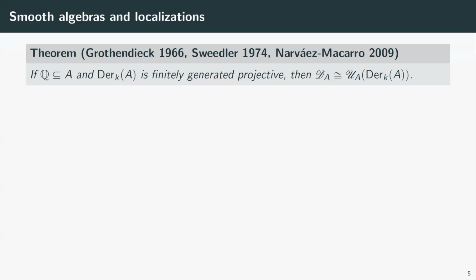I forgot to mention it, but the pair A and the derivations forms a Lie-Reinhardt algebra. And as such, we can construct this universal enveloping algebra. And this is the best case we can hope for.